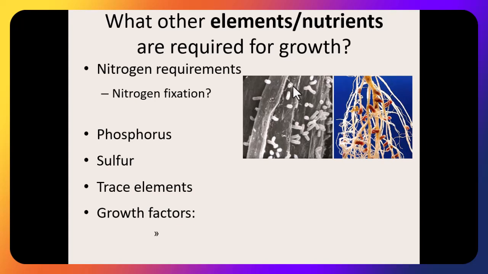Instead of just a single element, it's some type of compound that an organism needs for survival, taking multiple elements and putting them together, like glucose. Some organisms are very specific about what trace elements or compounds they need. When we grow things in a lab, we have to know what those growth factors are so that we can provide them in our media.